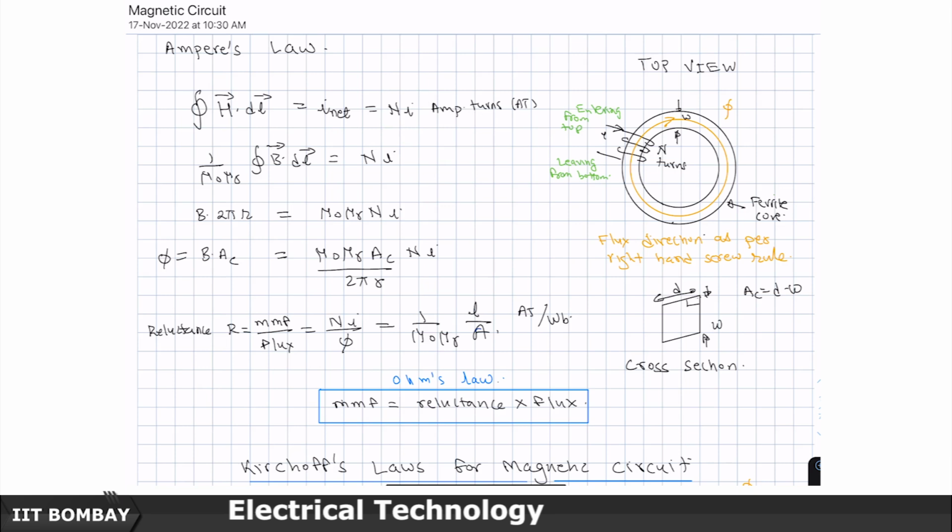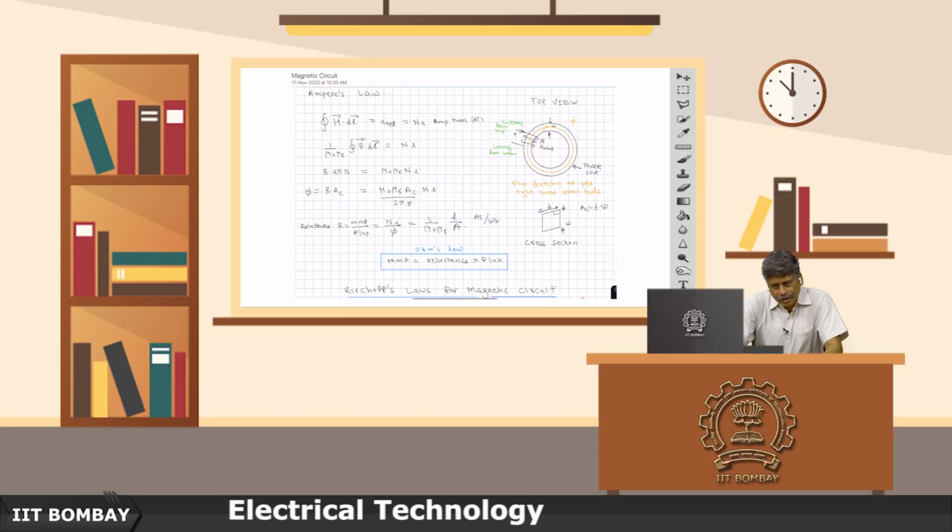And so this is effectively as good as saying that the current has been multiplied n number of times. So I net is the same as Ni, and another name for this, as you will soon see, is magnetomotive force or MMF. Now, what does Ampere's law say? Ampere's law says that the magnetic field intensity H times dl, where H is acting in this direction and dl is also in this direction, if you integrate H dot dl over a closed path, then this should be equal to I net, which is the number of turns times I. The unit of I is amperes, and the number of turns is a dimensionless quantity, so strictly speaking, from a physics perspective, the unit of Ni is just amperes, but in engineering we usually like to call it ampere turns.